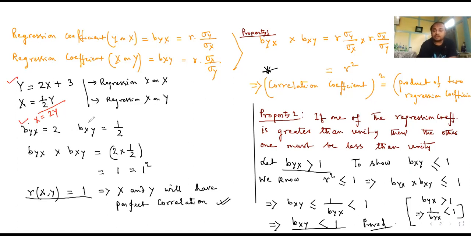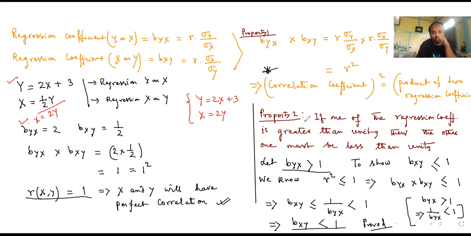Immediately you can tell me that no sir, you are telling wrong. This cannot be, because if you are saying that y equal to 2x plus 3 and x equal to 2y are the two regression equations from the same set of data, they can be regression equations from different sets of data. But if they are from the same set of data, sir, you are wrong.